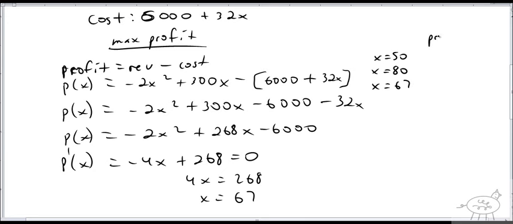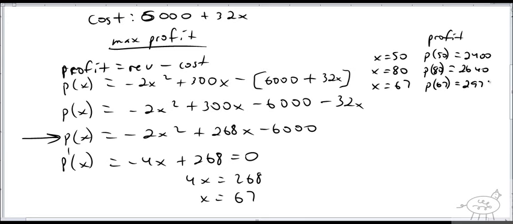And this is our profit now. So it's P of 50. If I plug that into the original equation, the P of x, you get 2,400. P of 80 gives you 2,640, and P of 67, our relative max, is 2,978.